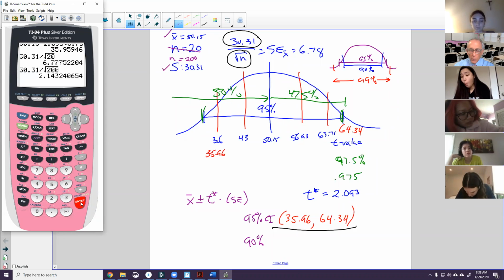Well, now my standard error is only 2.14. I'm going to have a much smaller confidence interval because I have a much larger sample size. The larger the sample size, the less the variability. Yes? Couple thumbs up. Okay.